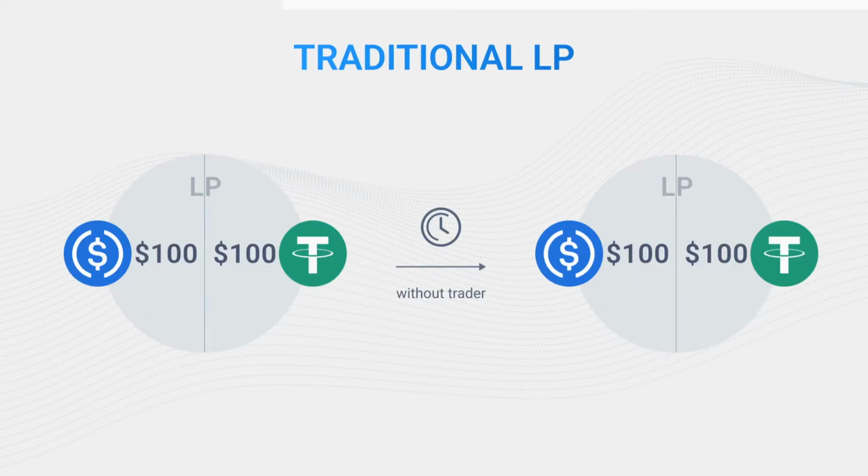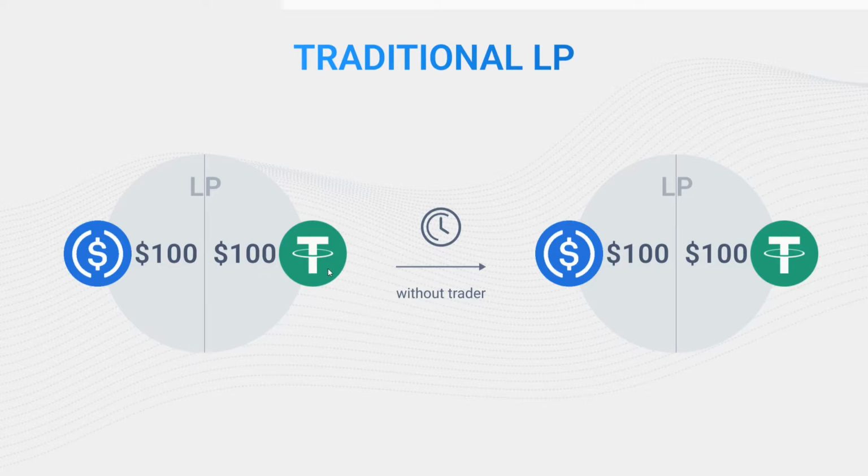Now, in a traditional liquidity pool, the liquidity that is in that pool only stays there and doesn't have any other utility than for providing liquidity to traders when the trade happens. So this is our liquidity pool prior to any trades happening. We have, again, 50% of both assets, and in this example, we have $100 of USDC and $100 of USDT.